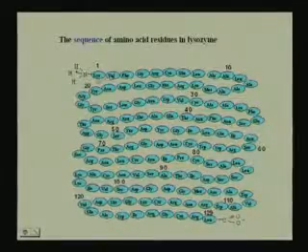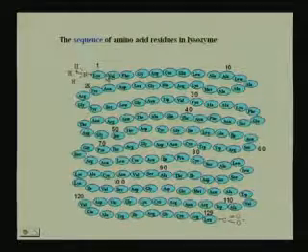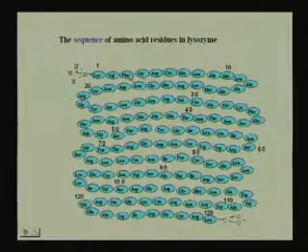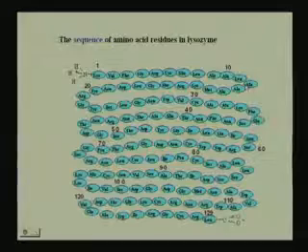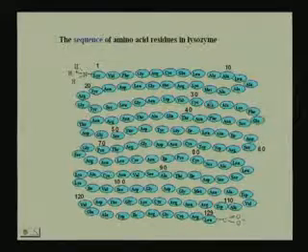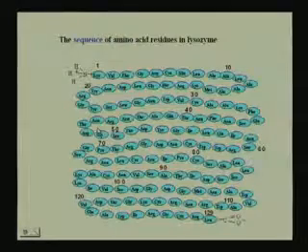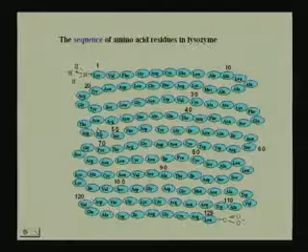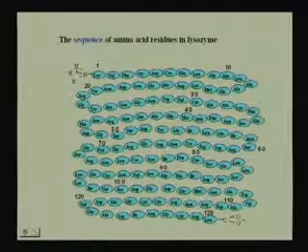What do I know from the sequence? I know that lysine is followed by valine, followed by phenylalanine, followed by glycine, and so on. And now you recognize the three-letter codes for the whole polypeptide chain that comprises the sequence of lysozyme. Now this is going to fold into a definite structure.